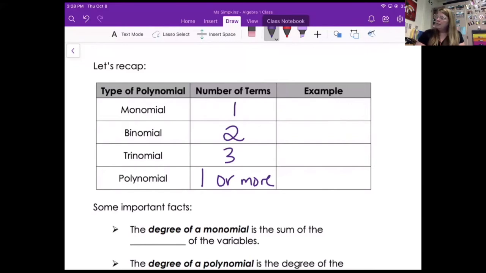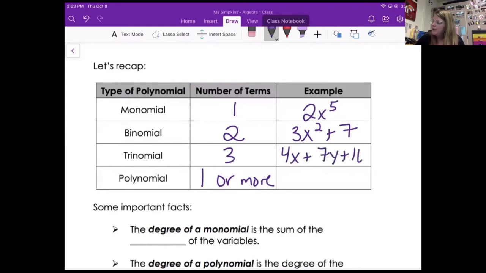So a monomial is something like 2x to the 5th power. That would be a monomial. It's just 1 term. A binomial would be like 3x squared plus 7. 2 terms. A trinomial would be like 4x plus 7y plus 10. 3 terms.